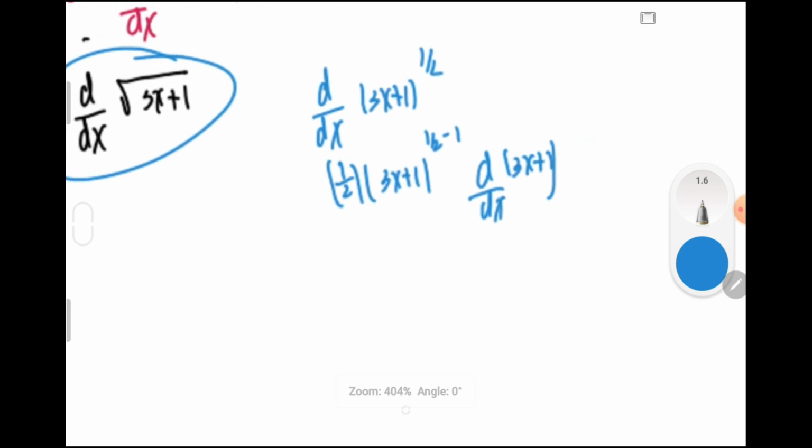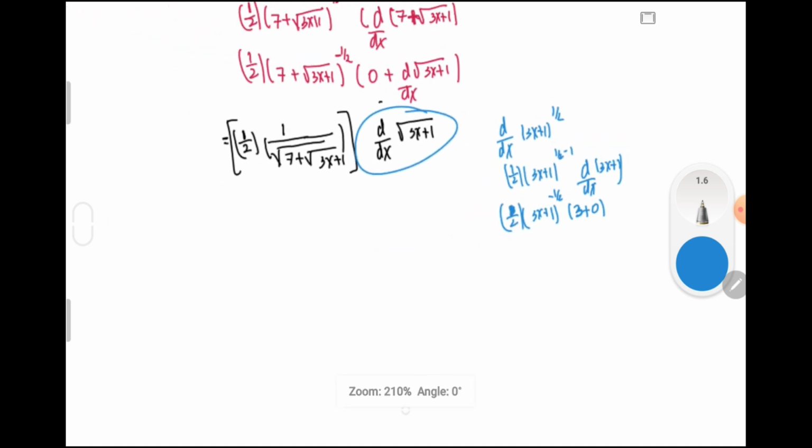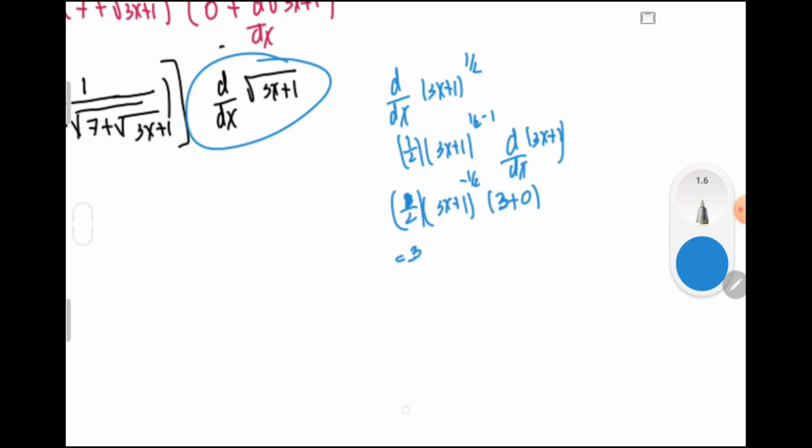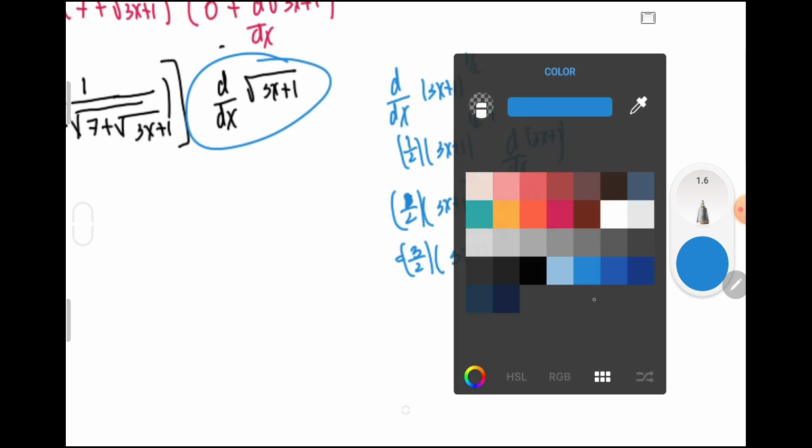So therefore we'll have 3 halves multiplied by 3x plus 1 raised to negative 1 half. The derivative of 3x plus 1 is equal to 3. So 1 half multiplied by the derivative of 3x plus 1, which is 3 plus 0, is equal to 3 halves. Okay, so we have 3 halves multiplied by 3x plus 1 raised to negative 1 half.